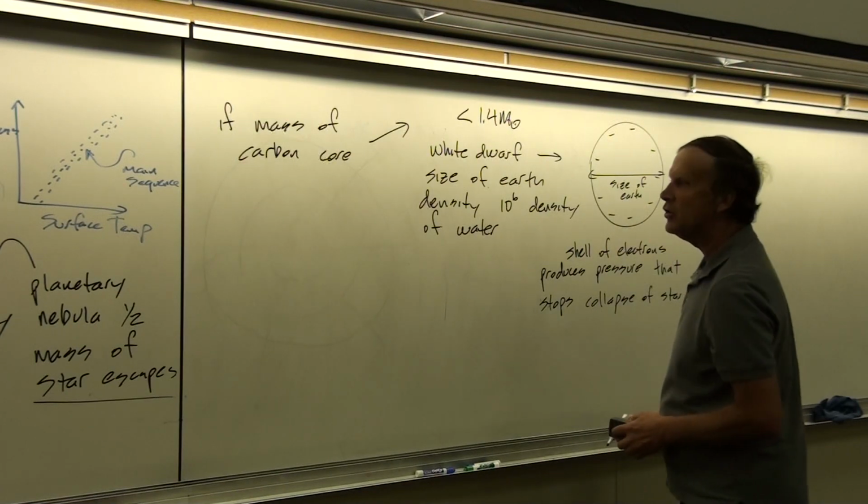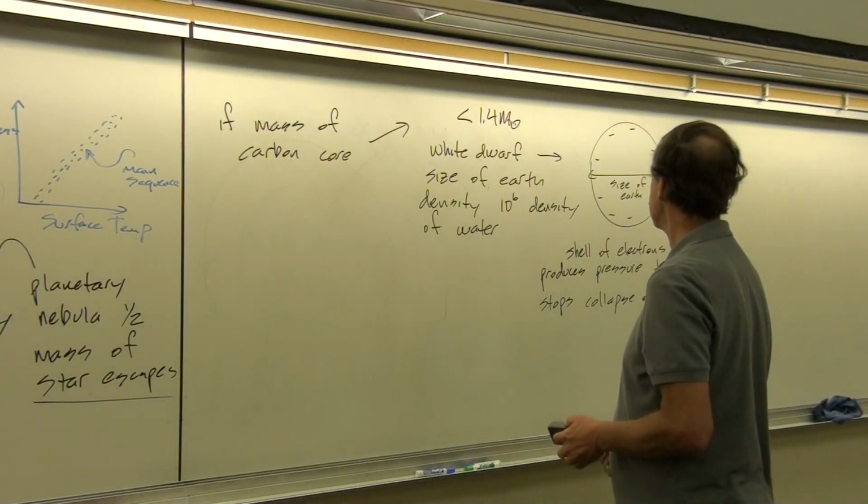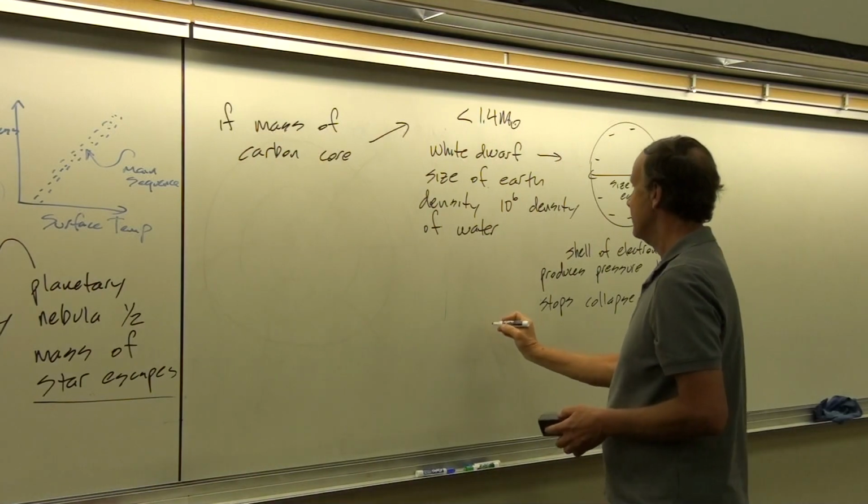So it's a carbon core that's been smashed down to the size of the Earth. So we call this a white dwarf.